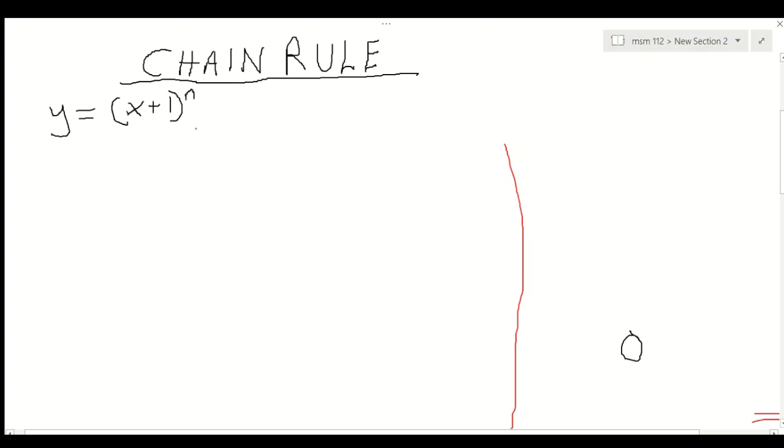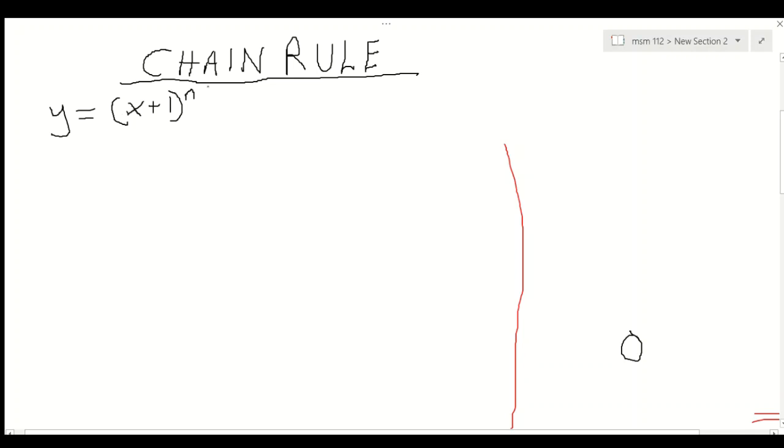How do you differentiate a function like this, powered to some number? You are going to use the chain rule to differentiate mainly trigonometric functions, some exponential functions, and even logarithmic functions. We use the chain rule.